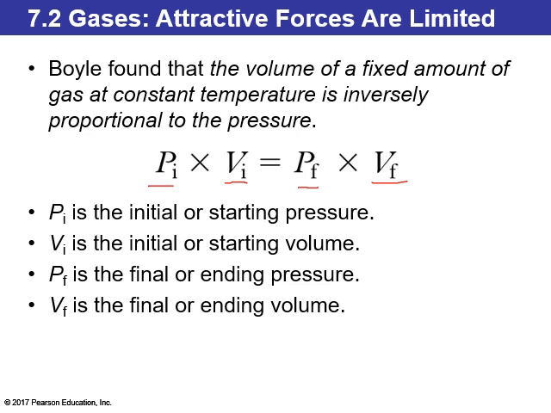This is an inverse relationship because in order for this to be true, if we increase one of these, we're going to have to decrease the other one to keep these two things equal to one another. So as one goes up, the other one has to go down. That's mathematically what an inverse relationship looks like.